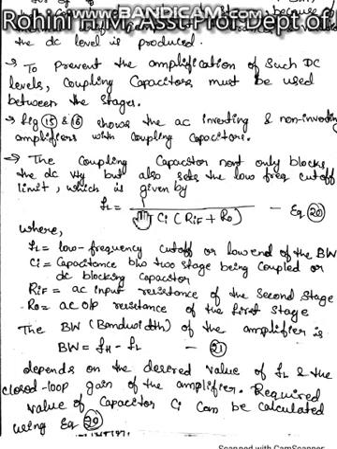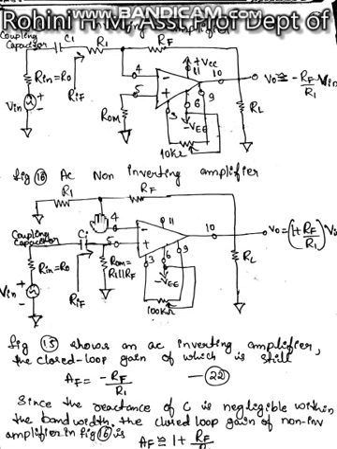Using this formula, we can calculate the coupling capacitor value Ci if we know the values RIF, R0 and FL.